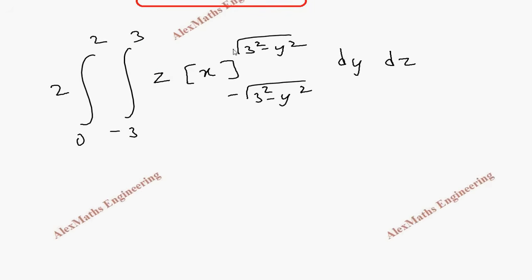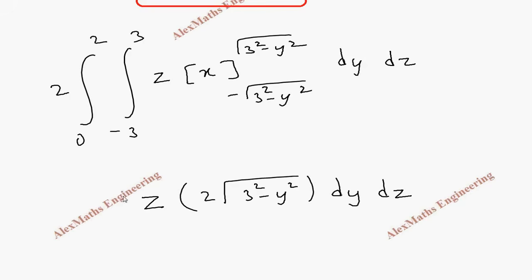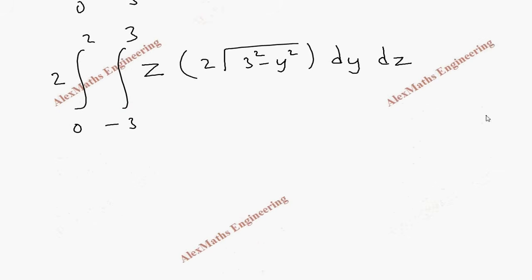When I substitute the limit, upper limit minus lower limit, it becomes plus. So z into 2 times root of 3 square minus y square. We have dy dz, integral minus 3 to plus 3, 0 to 2, 2 times. Now once again, this 2 can be taken outside and it becomes 4.